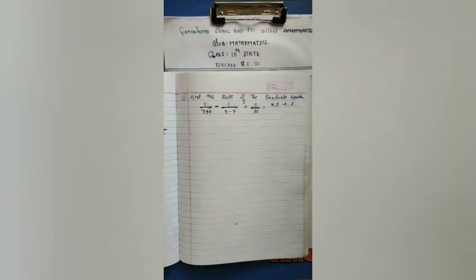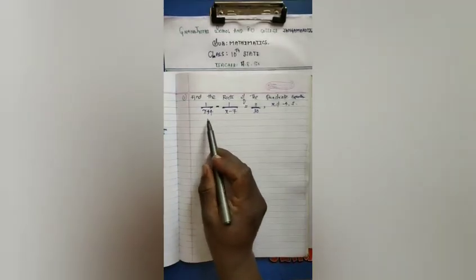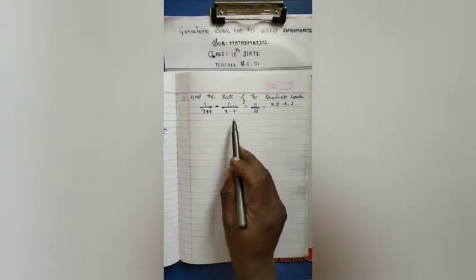Here we have different denominators, that is x plus 4 and x minus 7.